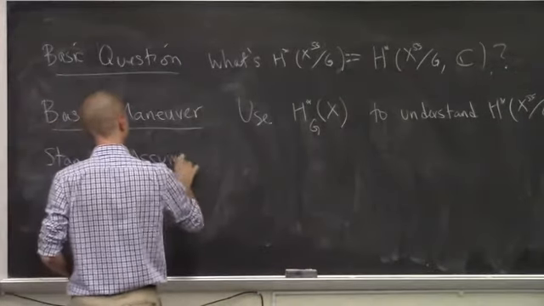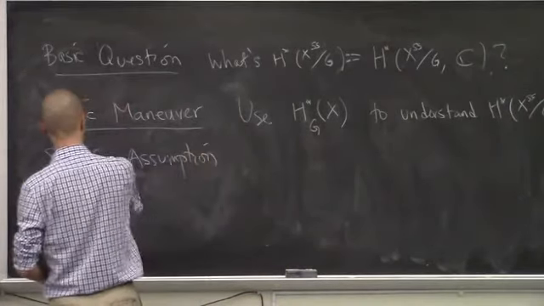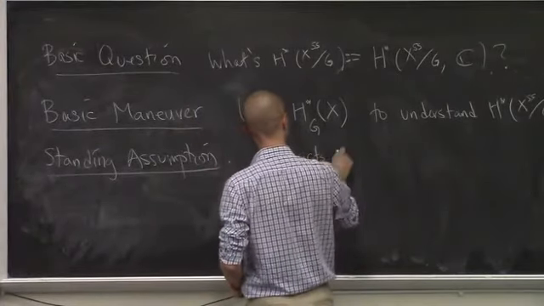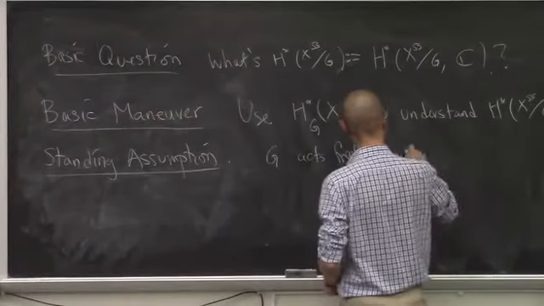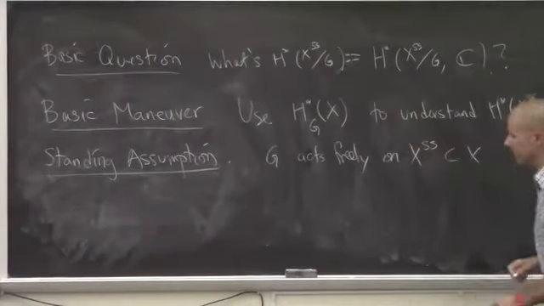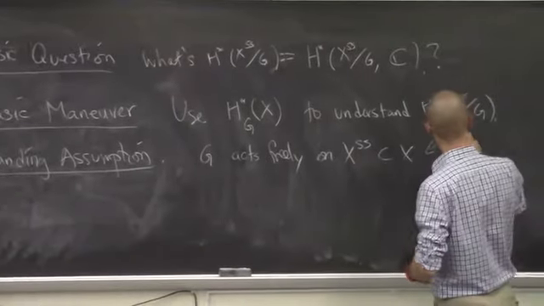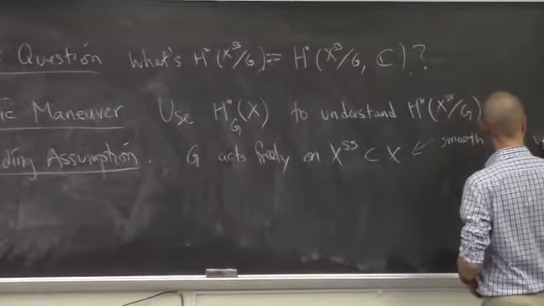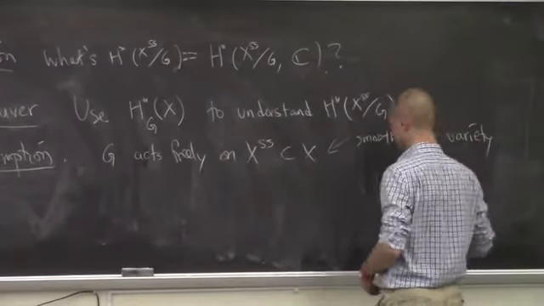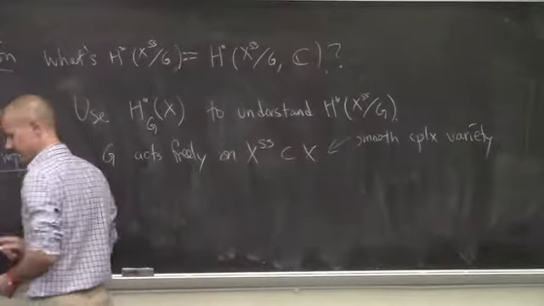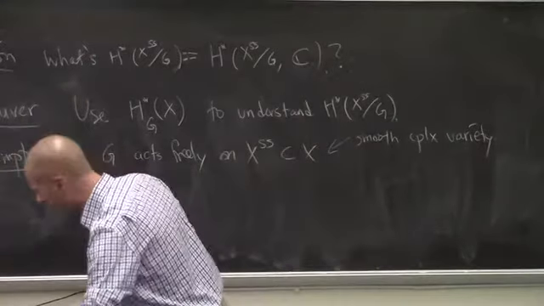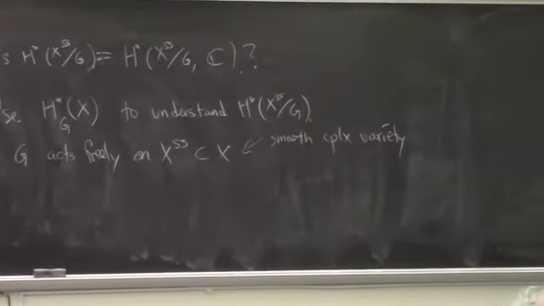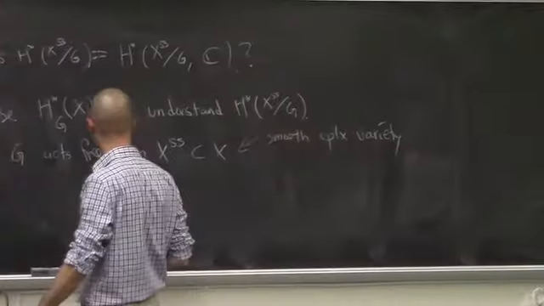Let me make a standing assumption for the rest of the talk, that G acts freely on this open set here, and fix some further standing assumptions. G acts freely on this open set, so that the quotient will really be a nice, smooth algebraic variety. That's what I really want.